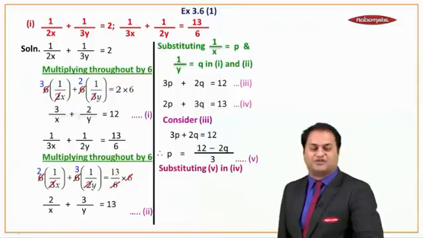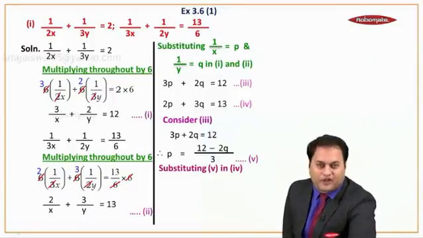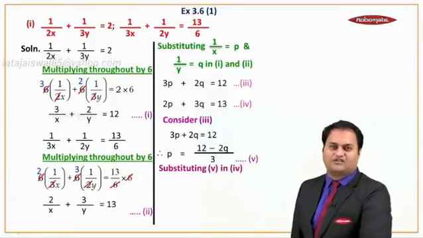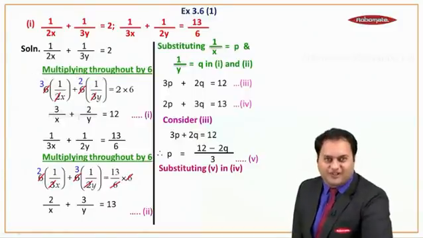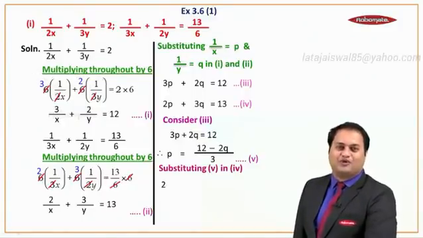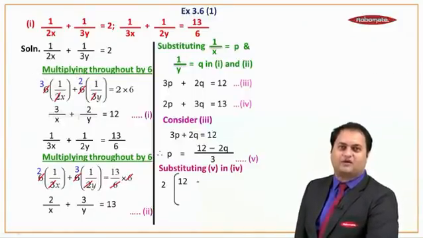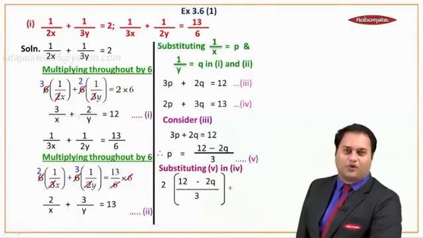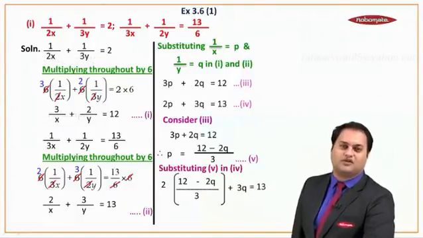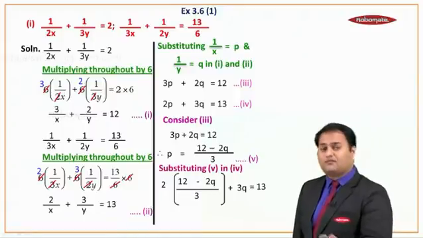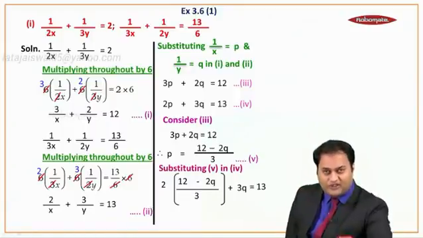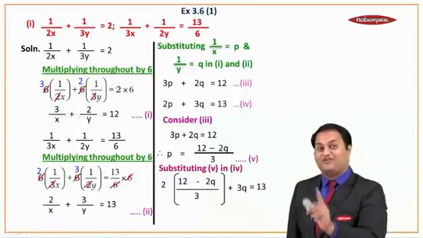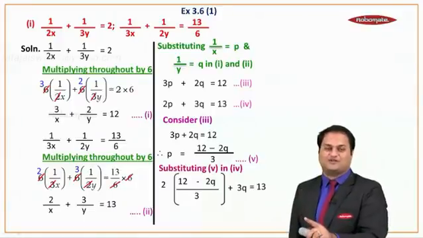Let's do the substitution. What do we get? Look at equation 4. Instead of p, substitute 12 minus 2q upon 3. So what do we get? 2 bracket 12 minus 2q upon 3 plus 3q is equal to 13. Now what do we do? Will that 2 and 3 get cancelled? No. In the previous sum it got cancelled because it was divisible.